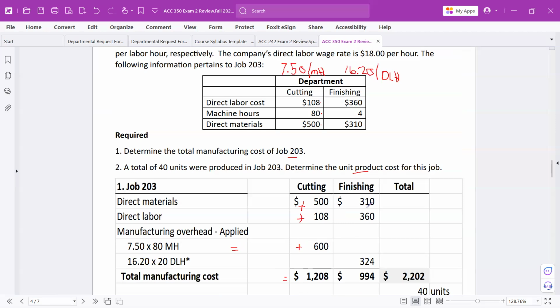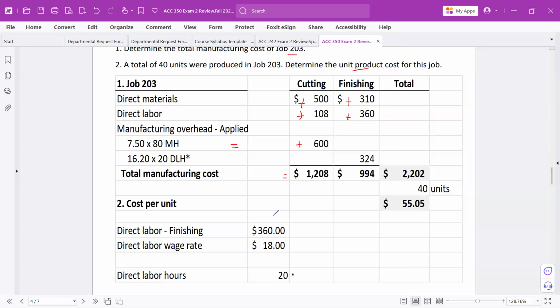In the finishing department, well, we can trace the materials, 310. So we trace the materials, we trace the labor, 360 of labor, and then we apply the overhead based on $16.20 per labor hour. $16.20 times the number of labor hours. Well, we're not given labor hours, but we can certainly figure it out because we know the finishing department has a cost of $360 in labor, and the company's direct labor wage rate is $18 an hour.